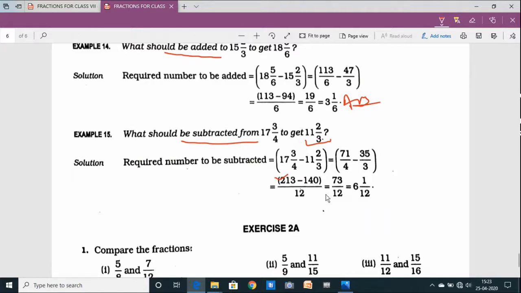Again, 12 divided by 3 gives 4, and 4 multiplied by 35 makes 140. 213 minus 140 is equal to 73 by 12. It is an improper fraction. Whenever your answer is an improper fraction, you must change it into a mixed fraction, and that mixed fraction is the answer.